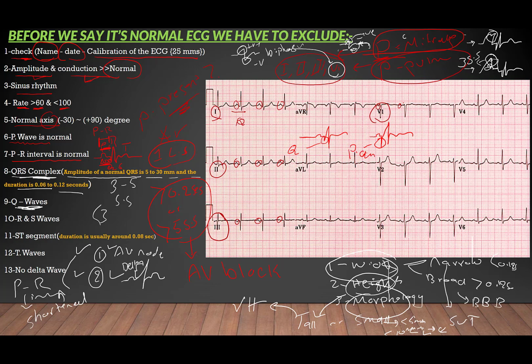Okay, and then we have the RS waves. RS assesses the R wave progression across the chest leads, from small in V1 to large in V6.